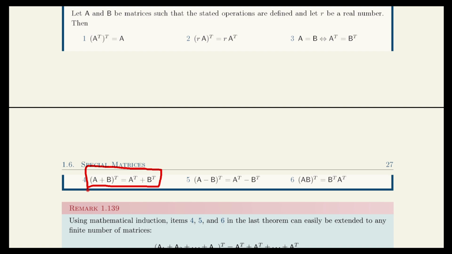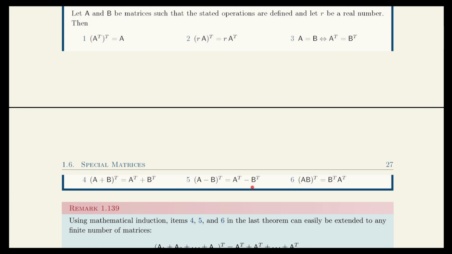What does this mean? Yes? The transpose of A plus B is equal to the transpose of A plus the transpose of B. So in other words, it doesn't matter if you add first and then transpose, or you first transpose and then add. There is no difference between these, but of course we have to be able to show that.